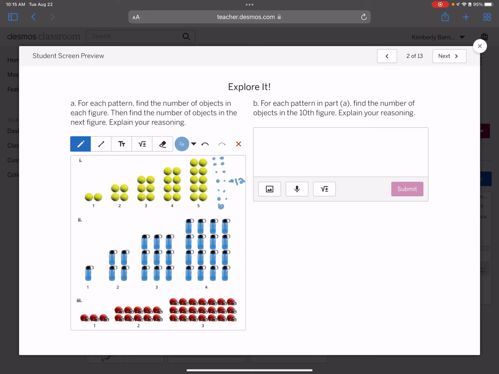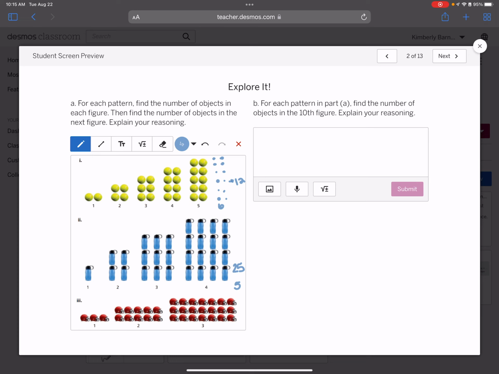In part 2, you might have noticed that it's square numbers. It makes a square every time. You've got a 1, a 2 by 2, a 3 by 3, a 4 by 4. Or you may have just noticed they're adding a row and a column each time. So either way, you should have gotten that in the 5th figure, you would have 25 water bottles.